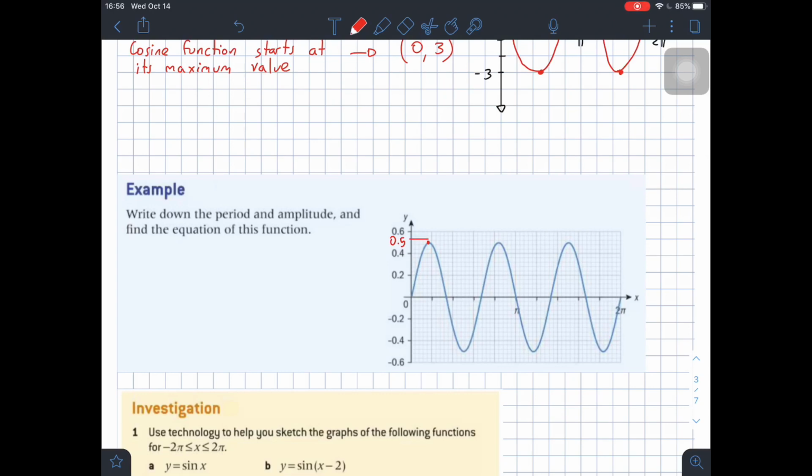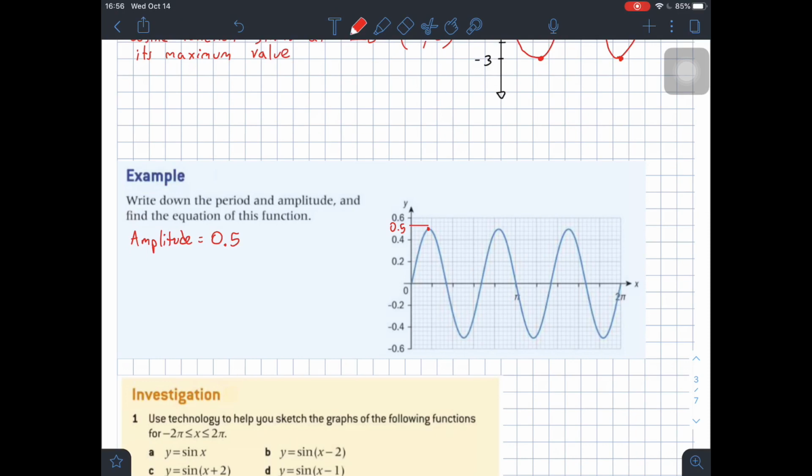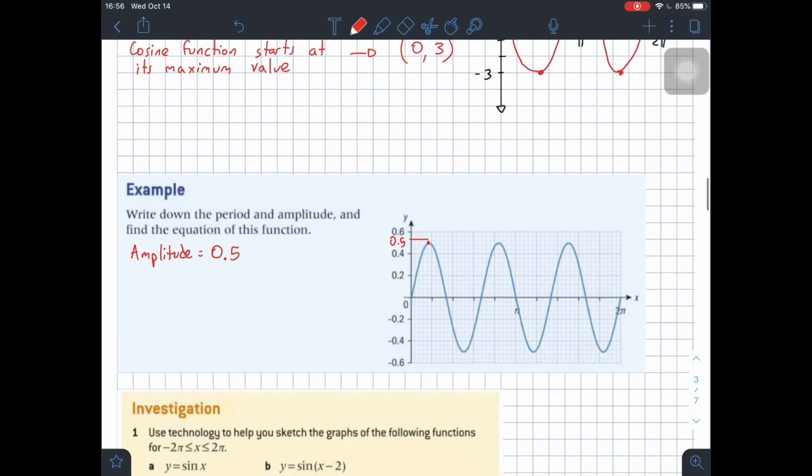Let's see if I can, yeah, kind of like there. So the amplitude is 0.5. And now we need to determine the period. To determine the period, it's kind of difficult in this case. I see that, for example, this function starts at (0, 0), and then it completes one cycle here, then it completes a second cycle right here, and then it completes a third cycle right here.